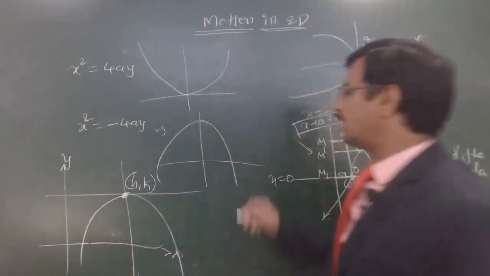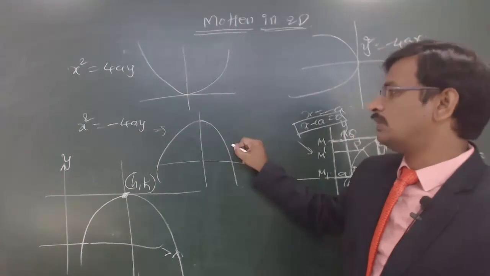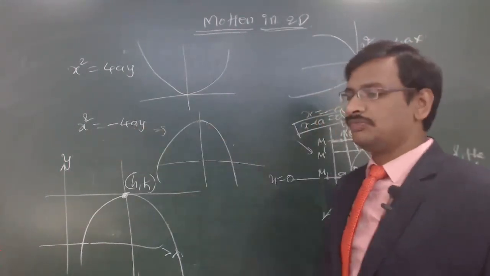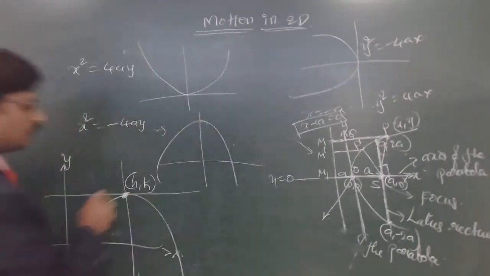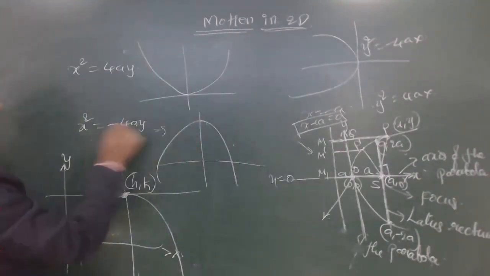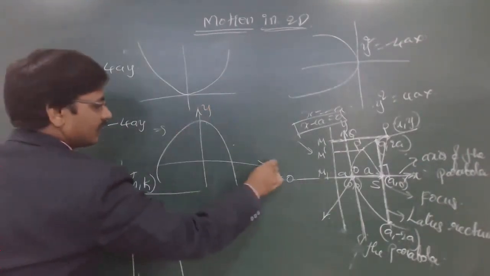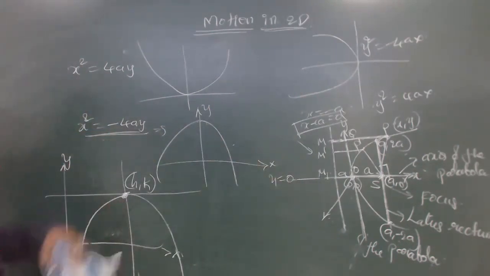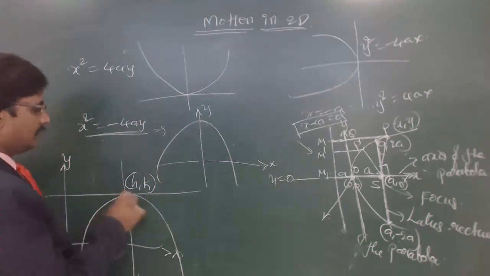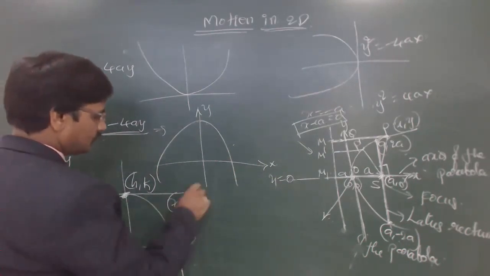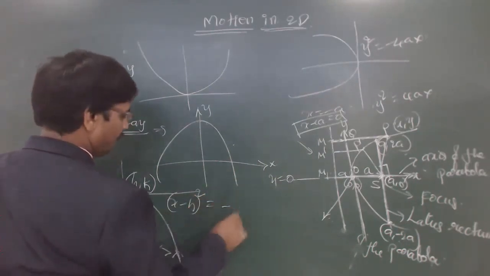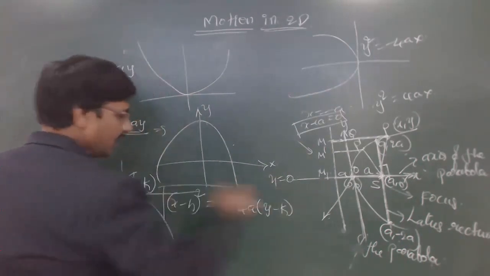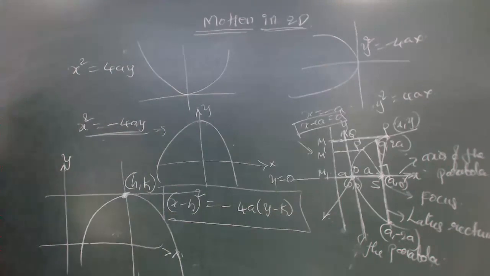Here this is the downward parabola, so x square is equal to minus 4ay is this equation. Now it is shifted to (h, k). Then x minus h whole square is equal to minus 4a into y minus k. So this is after shifting the coordinate axis to a different location.